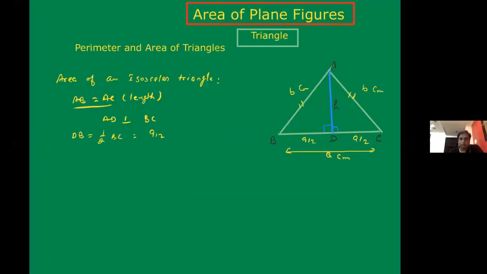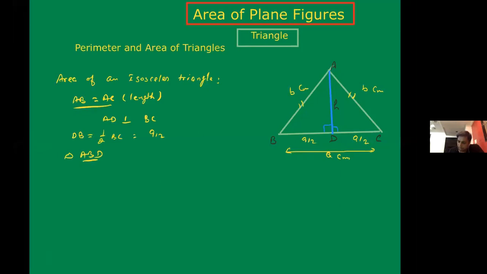Area of the triangle is nothing but 1/2 base into height. So how to find out the height? Height is h. If we consider triangle ABD, this is a right angle triangle.